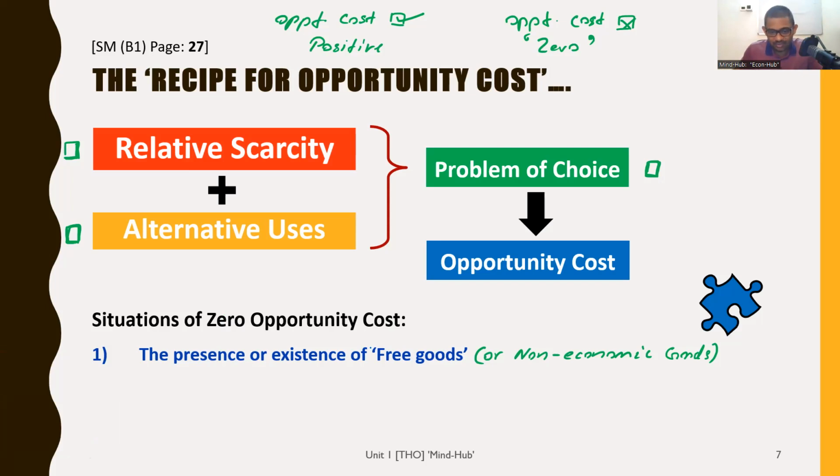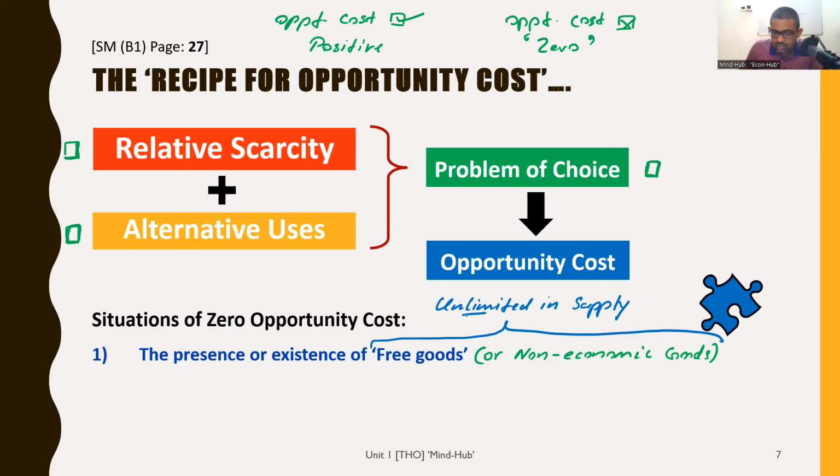Now, when it comes to free or non-economic goods, the key feature is they are unlimited in supply, because these are mostly natural things, naturally created goods, naturally created resources. So their supply is unlimited.